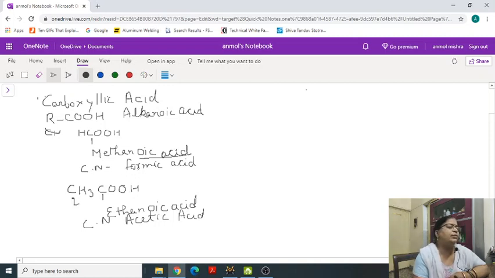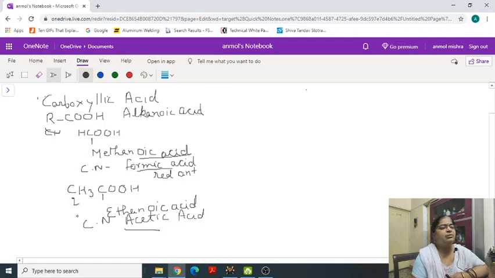The common names of these acids are derived from their source. Since methanoic acid is obtained from red ants, whose Latin word is formica. Similarly, acetic acid is obtained from acetum, so it is called acetic acid.